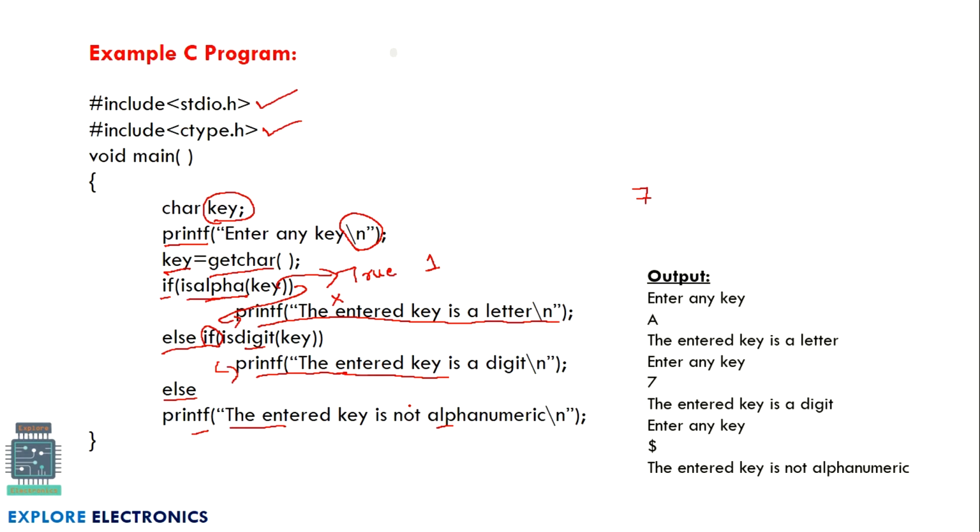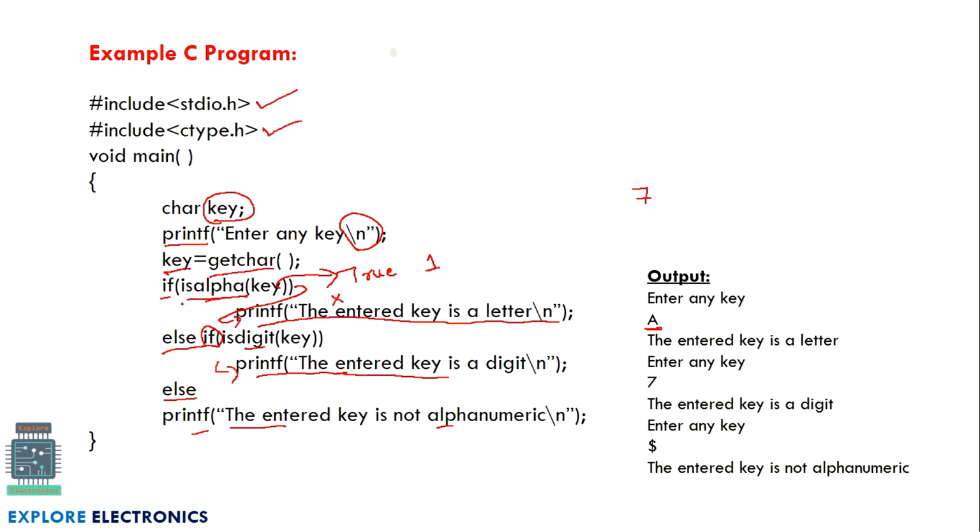So you can see the output will be like this. In the first case, the input we are giving is a character. Suppose we give A, it will display that the entered key is a letter because this condition is satisfied. Now if we enter a number like 7, the first condition is not satisfied, so it will come here. If any of these conditions is satisfied, it is not going to execute the else condition.